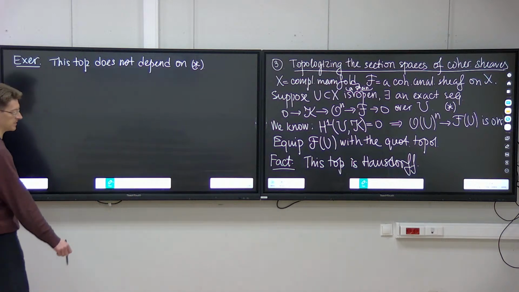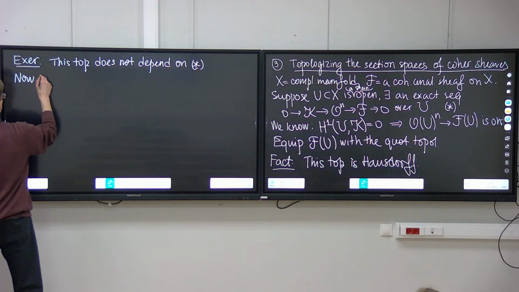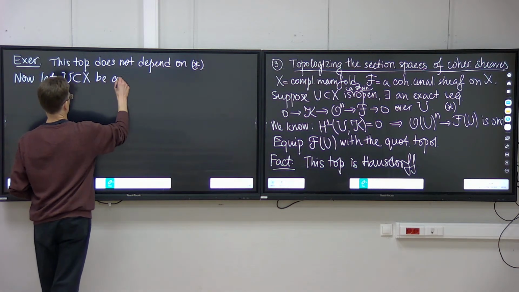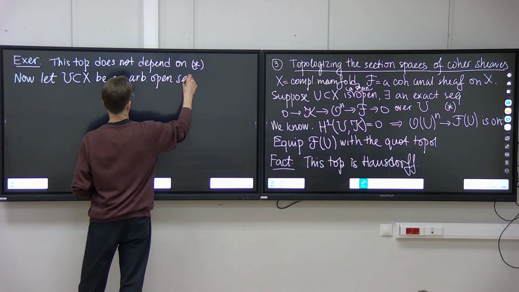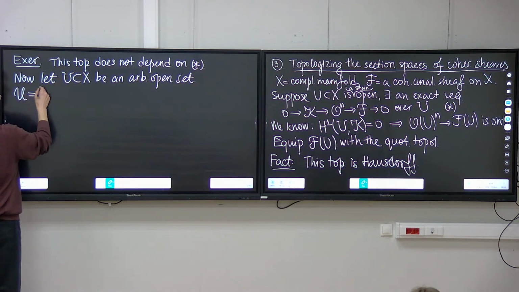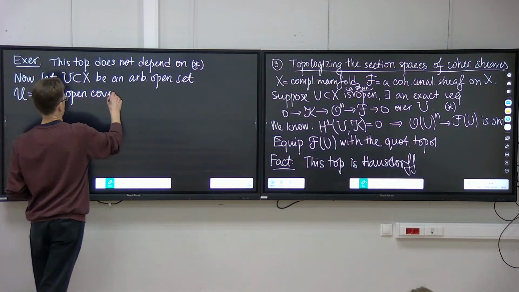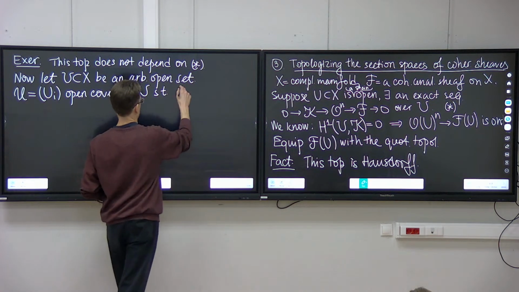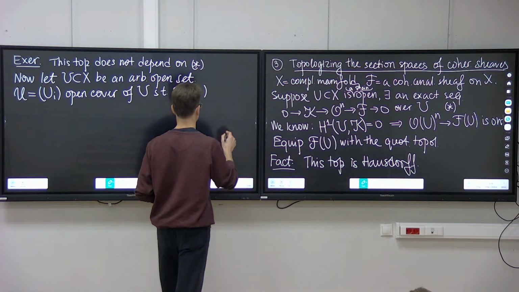And now take an arbitrary open set U, and let's take an open cover U_i of U such that F of U_i, the section spaces over U_i, are already topologized.